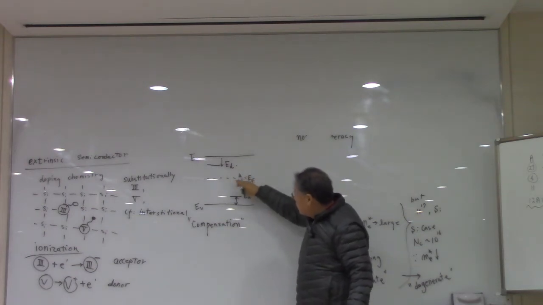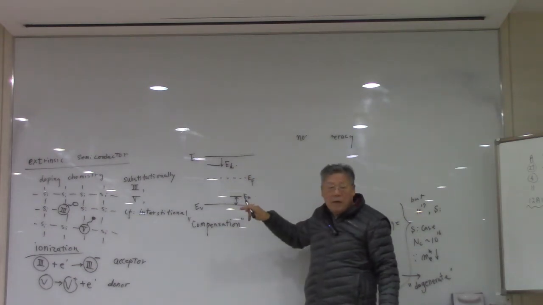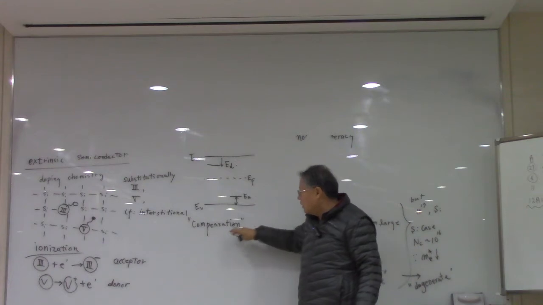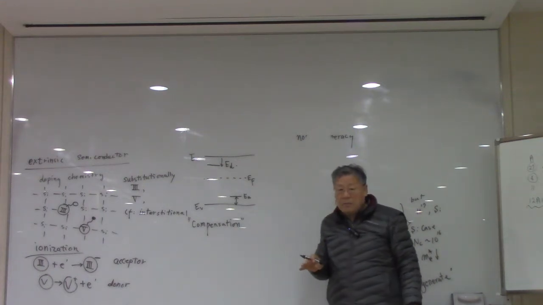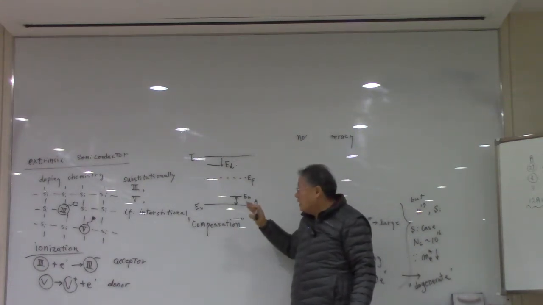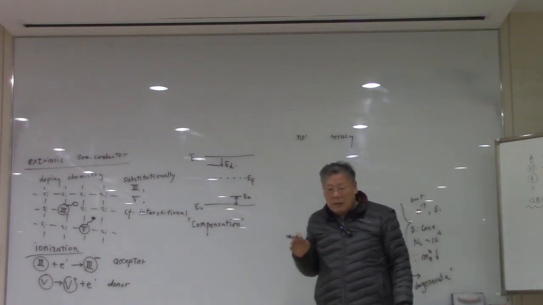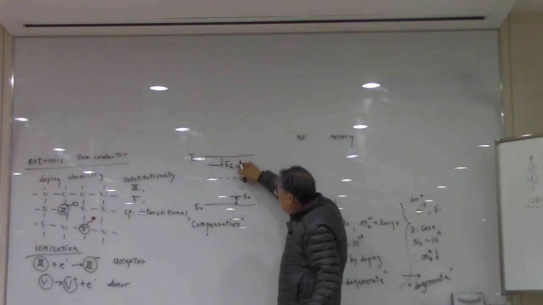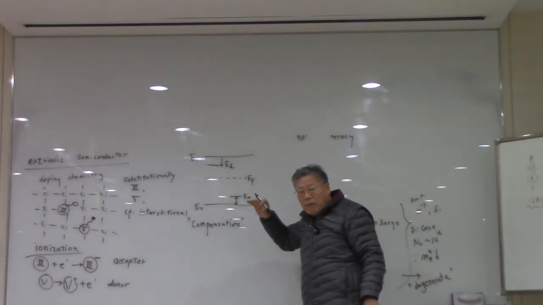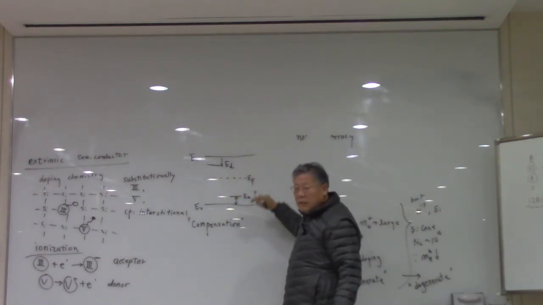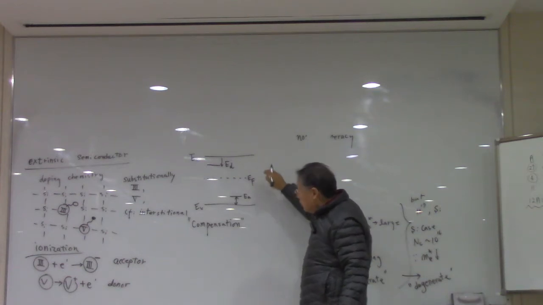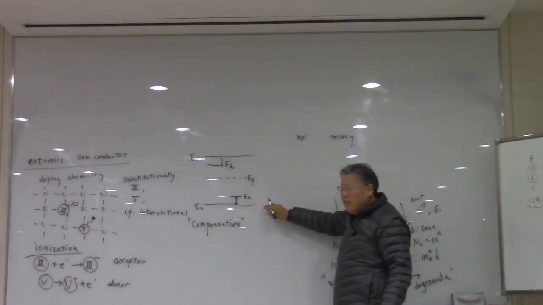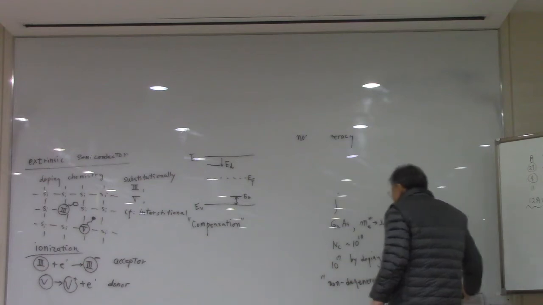By looking at this, the donor energy level is far away from the acceptor energy level, so the compensation may not happen, but that is not the case in reality, because these acceptor levels and donor energy levels are referenced from different energy levels, the conduction band and valence band energy levels. All right?